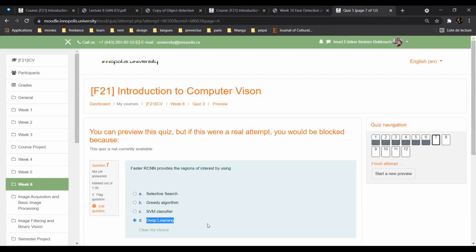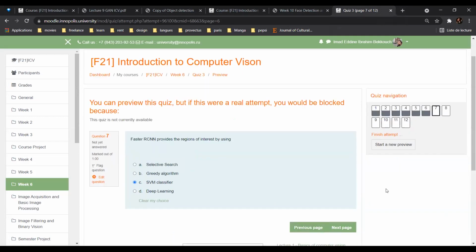RPN is a neural network, so deep learning is the correct answer. Selective search is completely wrong. Greedy algorithm is selective search, so also completely wrong. SVM classifier is absurd, right? So the only correct answer is deep learning.